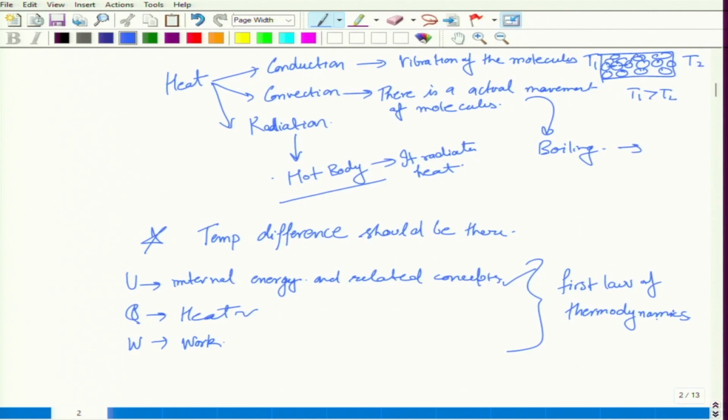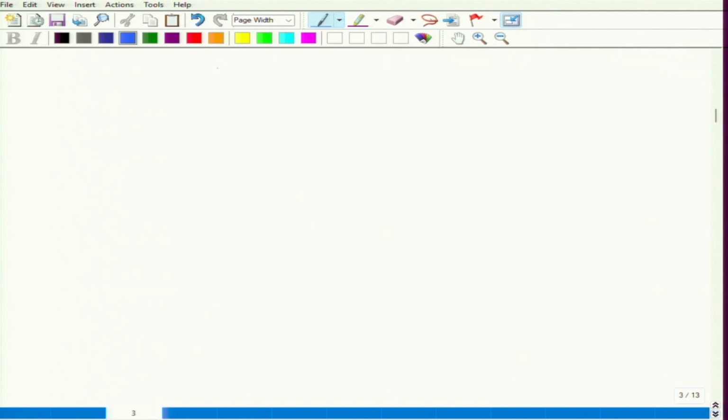Okay. So when the concept of heat arises, in case of solid bodies or any fluids, there should be a definite concept of specific heat.